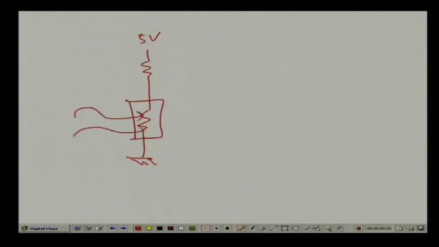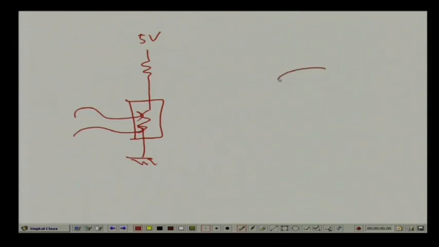I can take a new slide, there is no problem. Let me take the pencil again. So, it looks like this. I am giving 5 volt here and this is my photoresistor, light is falling on this.